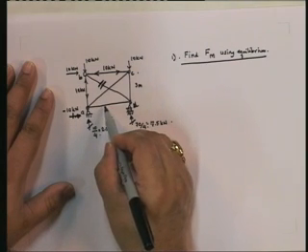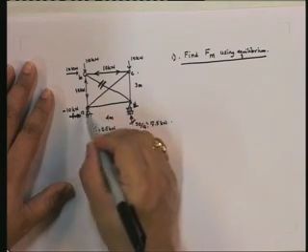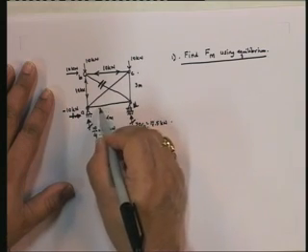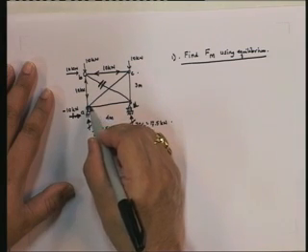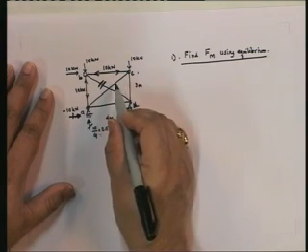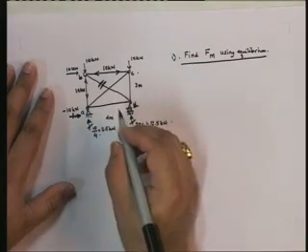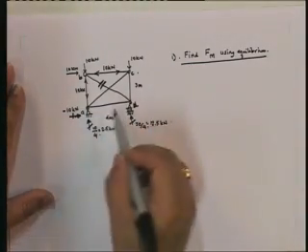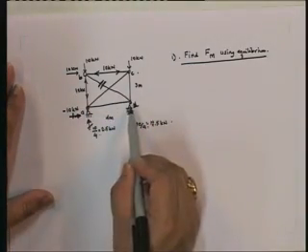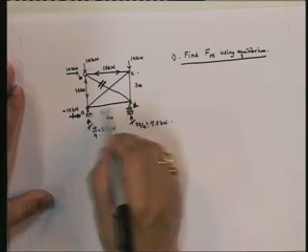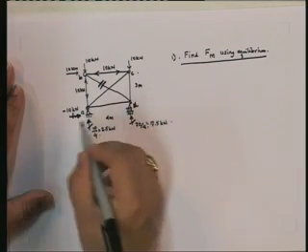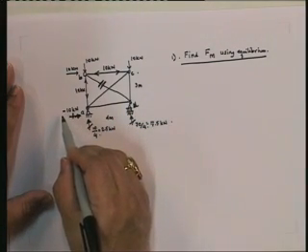If I take sigma Fx equal to 0, I'm going to get the force in AD plus the horizontal component of the force in AC is going to be equal to minus 10.